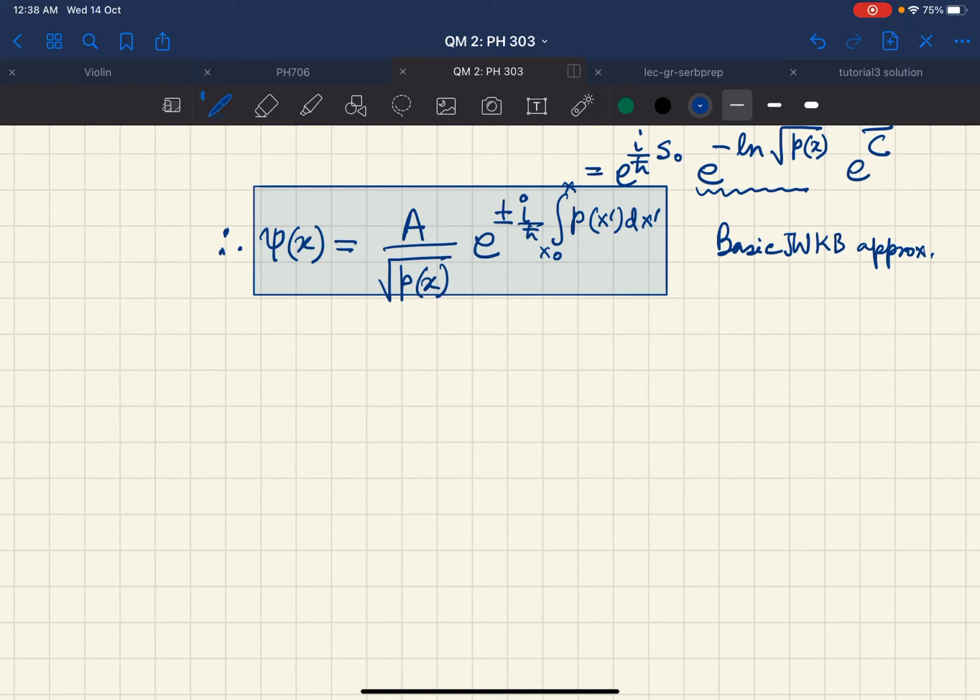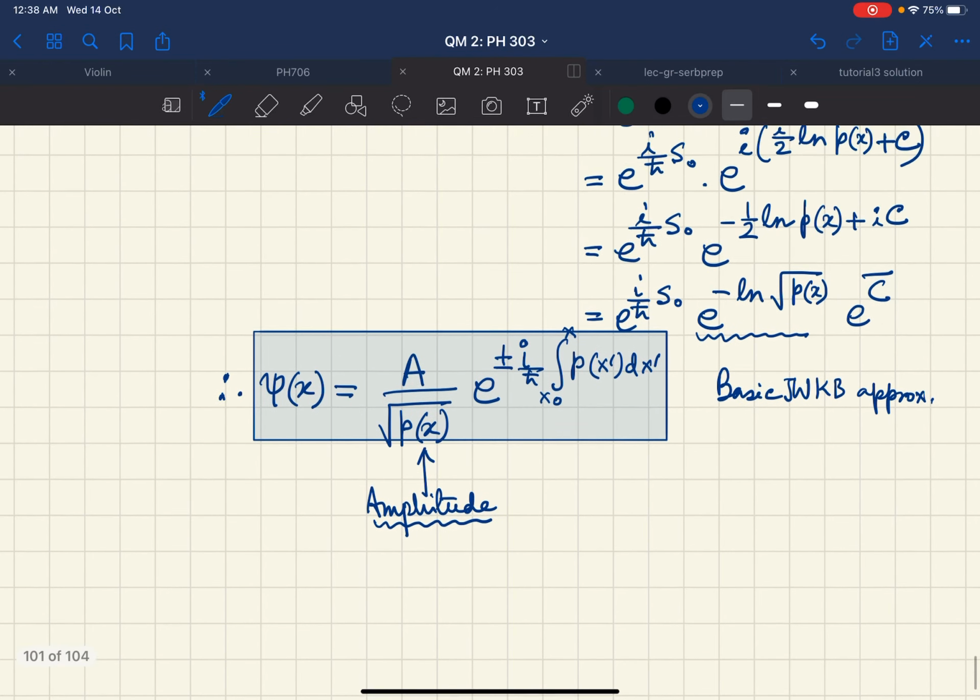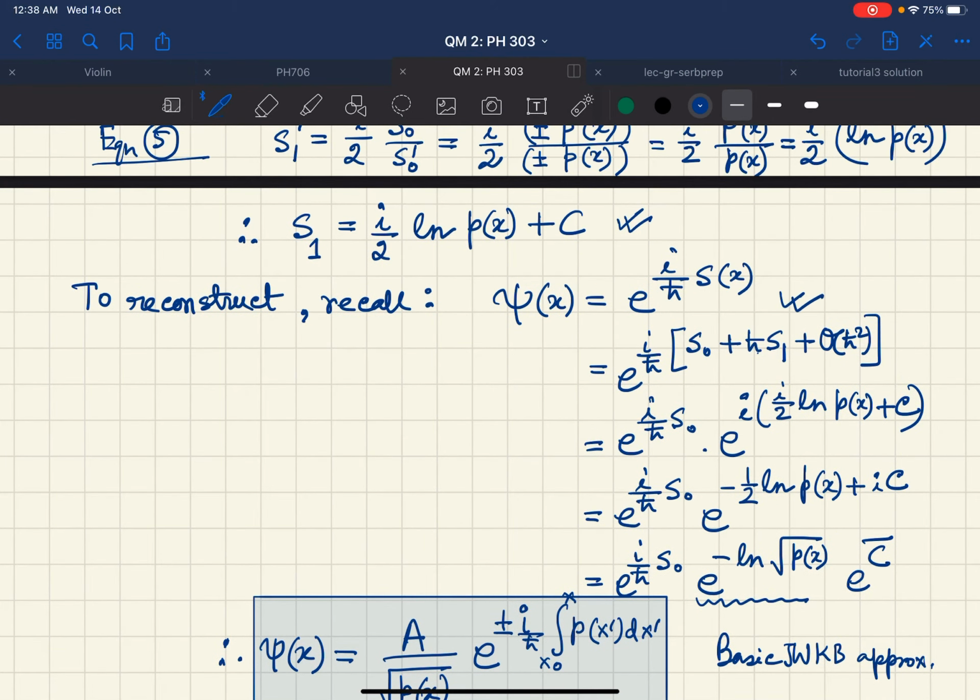So here we have this amplitude A by square root p(x). That amplitude part comes back here, which we were worried about at the beginning. We did begin with what looked like a pure phase, e to the power i by h bar into S(x), unless otherwise I have told you that S(x) belongs to some complex number.